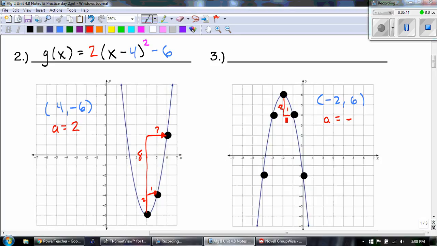Down 2 over 1, down 8 over 2, so that's a -2 pattern. So my function h of x equals -2, and it's going to be x plus 2. Remember, it's got to be squared, and then that is a +6.